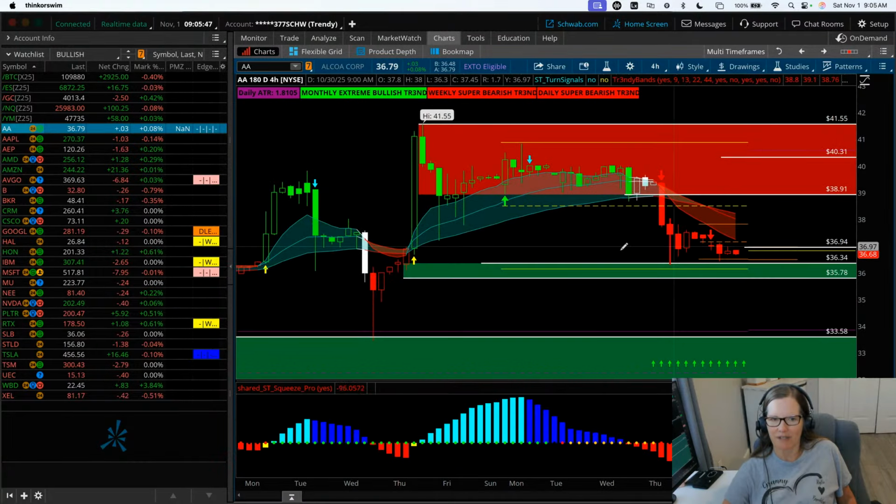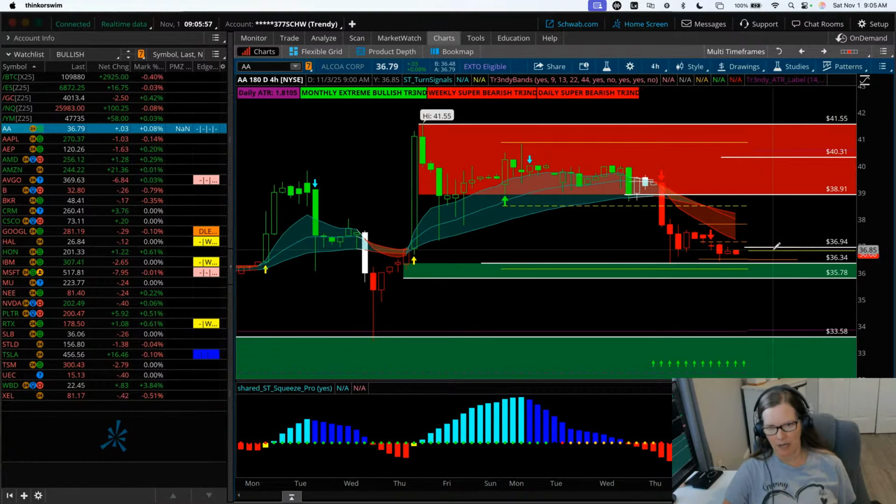It doesn't have the cleanest, nicest, most beautiful setup for me, but nonetheless, the risk to reward would be there. Even if I take the trade from, let's say, 37, you got less than $1.50 of risk. You got about a dollar 16 of risk right here, and the reward is $2. So that is a risk to reward.